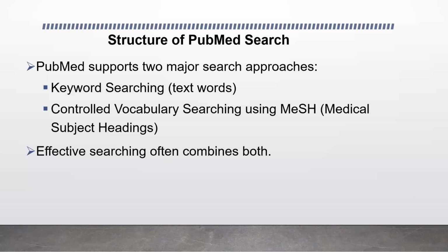So in PubMed, you can search by using keywords, but also use a controlled vocabulary, which is called the Medical Subject Headings. In health sciences, you have these authorized medical terms you can apply.